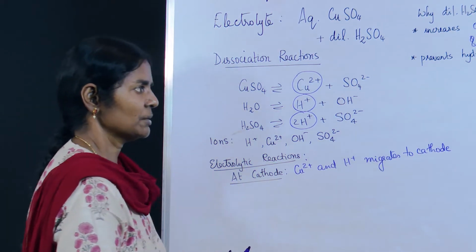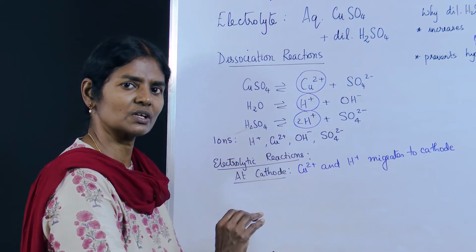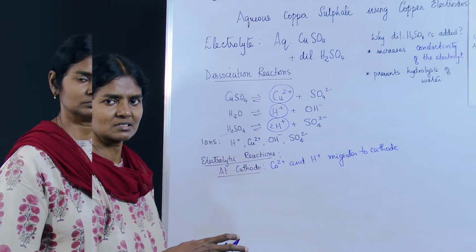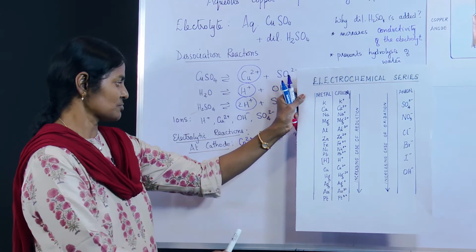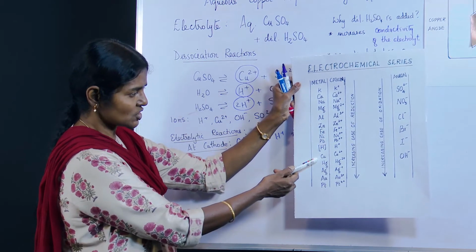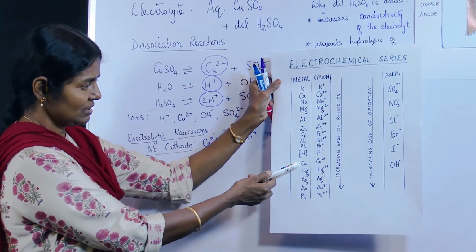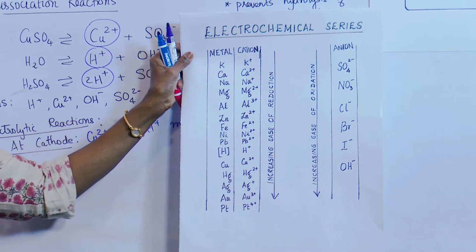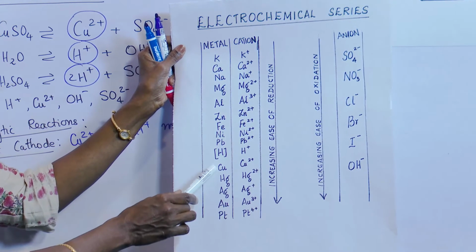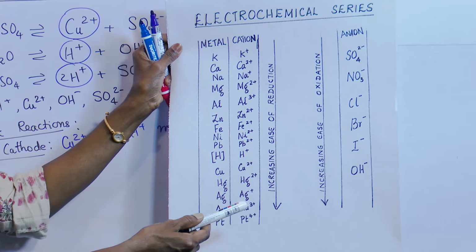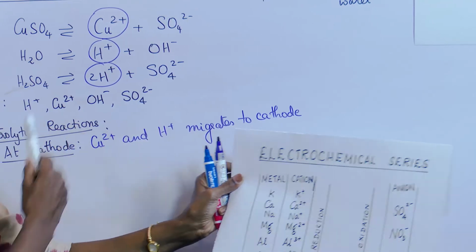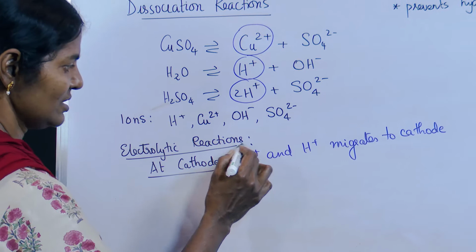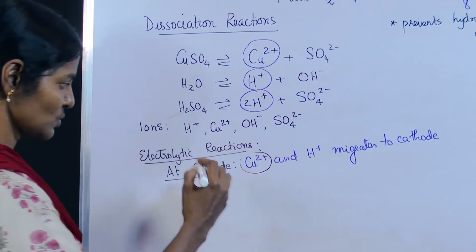Among the two, which one do you think will be discharged according to our electrochemical series? Now, according to our electrochemical series, you can see that copper is here but hydrogen is above copper in the electrochemical series. And we learned that the lower the position, the easier the discharge. So, among the two, copper and hydrogen, which one would be discharged? It would be only copper, because it is lower.